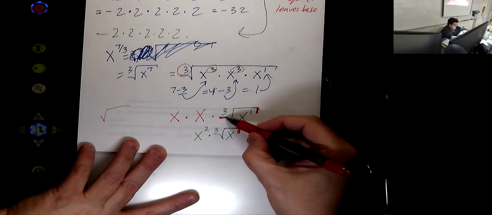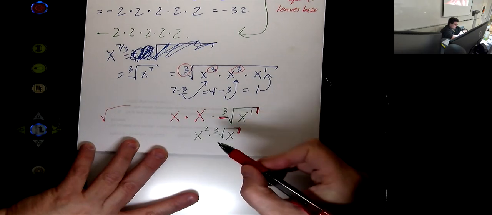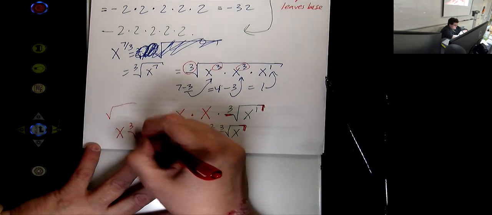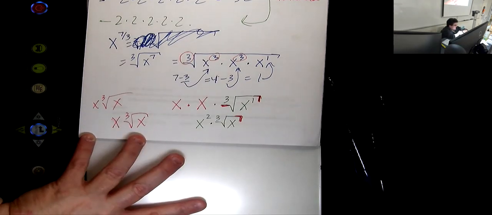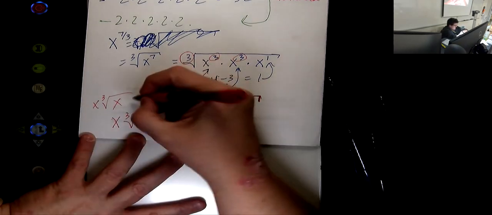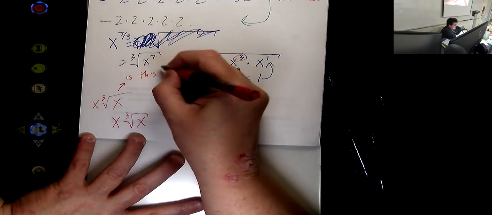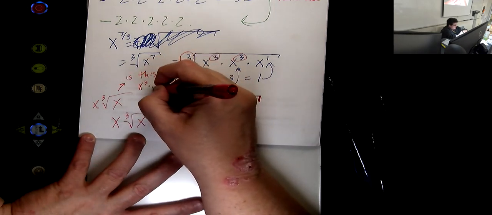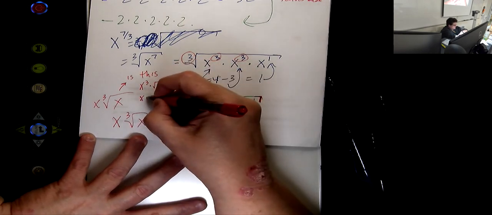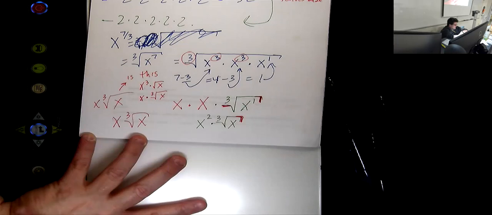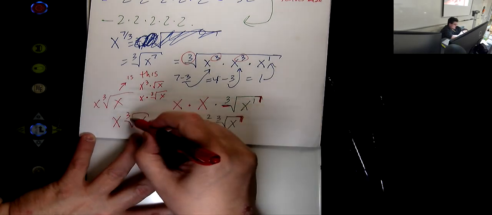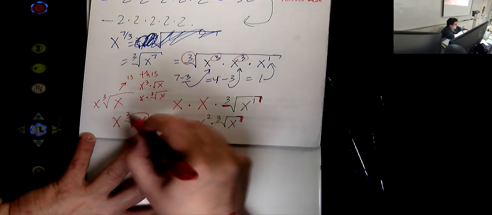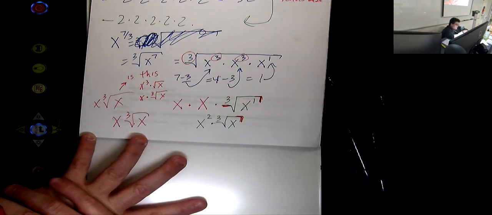The idea of this little ledge is, I can't tell, is this x cubed times square root of x, or is this x times cube root of x? Without that little ledge, it's a little hard to tell. So that's why I like the little ledge. It makes it easier to identify that this 3 goes with the root. It is not an exponent on the x. You might find that helpful.